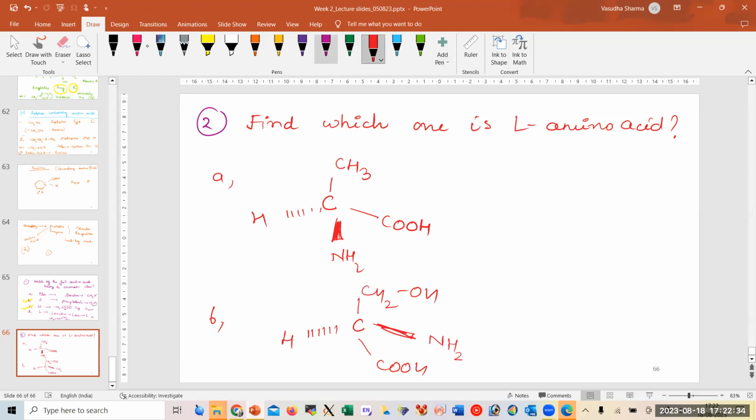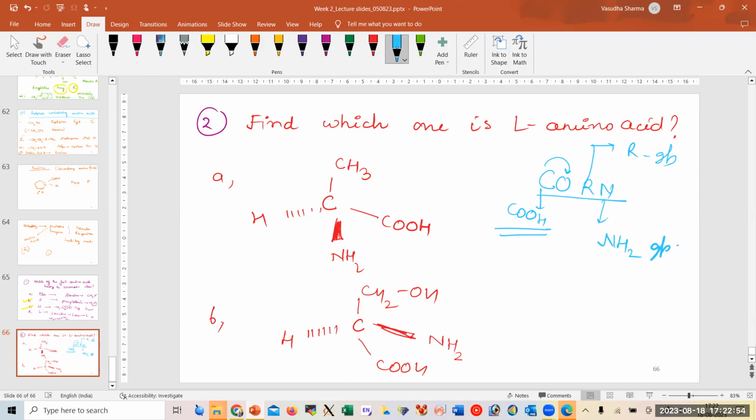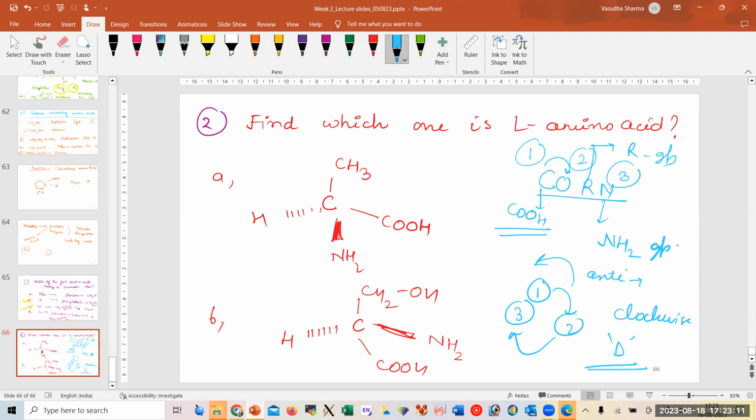For this, we have already talked about the rule: CO, R, and N. Firstly the carboxylic group, then your R group, then your amine group. It should come as 1, 2nd, and 3. If going from 1 to 2 to 3 is clockwise, that is D. If it is anticlockwise, that is L. So we need to find the L amino acid.